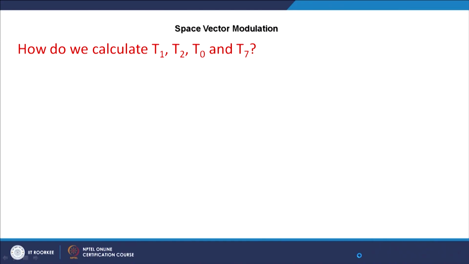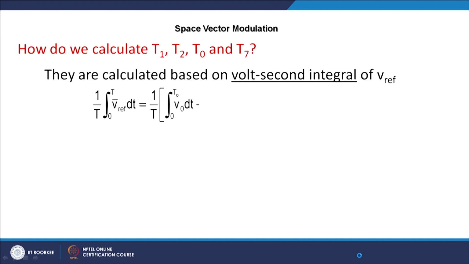Now, the question becomes how to calculate this timing. How much time T1 should be applied, how much time T2 should be applied, and how much time T0 and T7 should be applied. So, let us equate the volt-second area under time t.